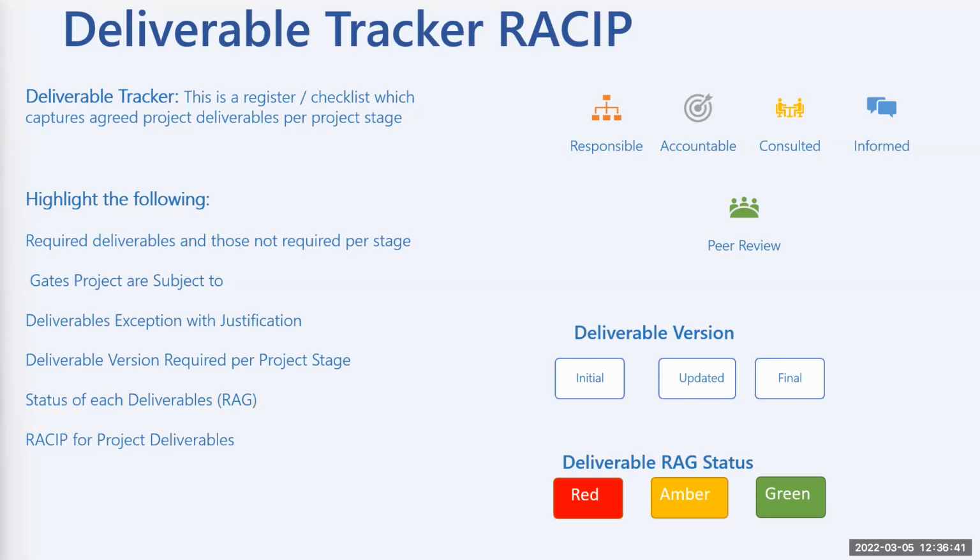I have created one template that we can just play around with, but I haven't put a lot of information in it. And then in terms of the project deliverables, we have what is called RACI. RACI is the responsible, the accountable, consulted, informed.